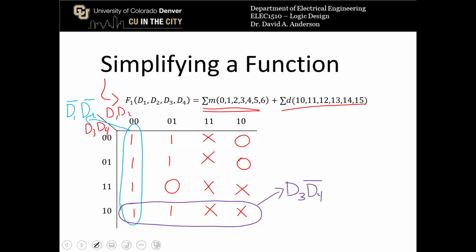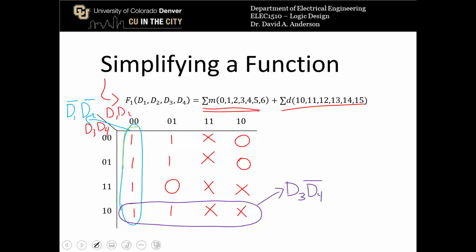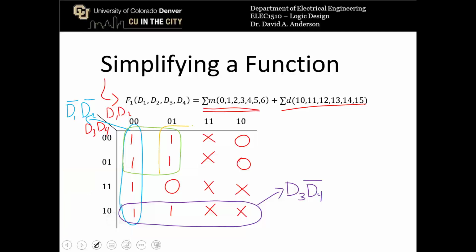All right, we still have two ones left in the second row from left that we have to circle, and there are two potential bubbles. You could either circle this bubble, which can't be expanded, or you could include the don't care term, this bubble. Either one of those is completely equivalent. Neither one of those bubbles can be expanded, and the function would work either way.